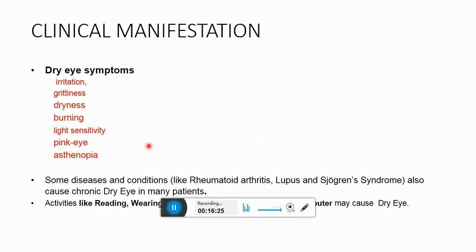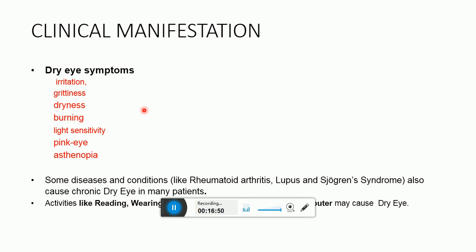Clinical features. The most common ocular symptoms are feelings of dryness, grittiness, burning, which characteristically worsen over the course of the day, stringy discharge, transient blurring of vision, redness, crusting of the lids, and lack of emotional or reflex tearing. This is unusual.